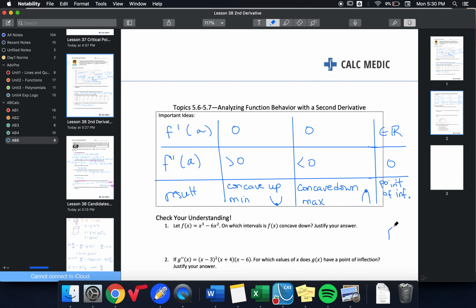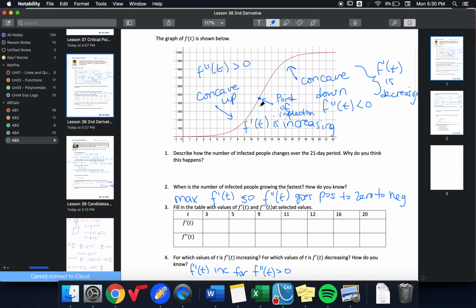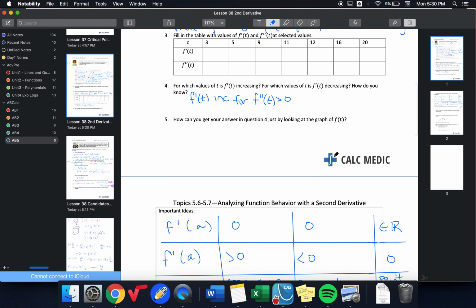That happens in something like x cubed, where we've gone from concave down to concave up, but for just a moment in time, our graph is flat. So this is if the first derivative is 0. If the first derivative is not 0, that's something like this scenario, where I've gone from concave up to concave down, but I have a second derivative of 0 for my point of inflection.